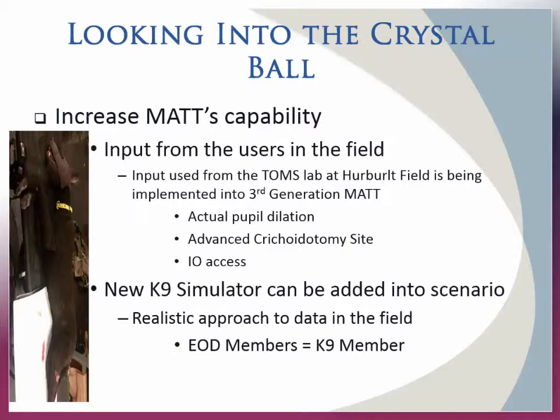And some of the things that are evolving on MAT seem like not that big a deal, but they really are in the big scheme of things, and they're really going to provide that realistic side to the training that hasn't been there before.